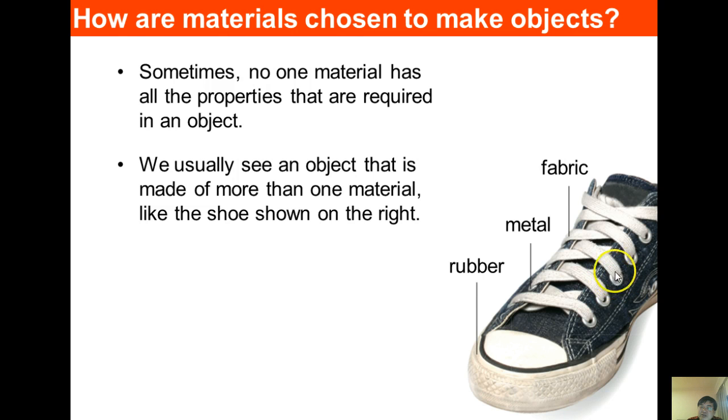The hole, each time you use, it will not get bigger and bigger or tear, okay, after long use. Rubber, okay, to make it waterproof. Right, as we wear, we do not want certain parts to be wet. Okay, so one object like this can be made of many materials, because not one material can satisfy making a complete object.